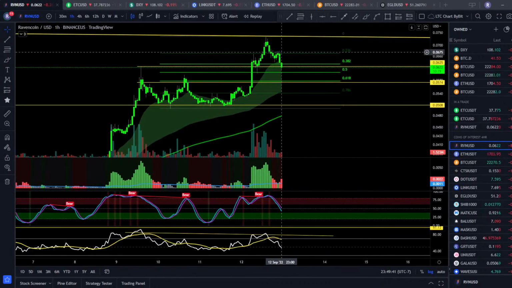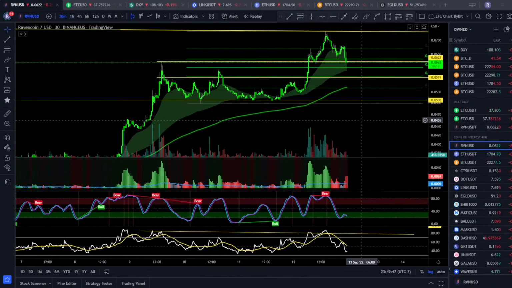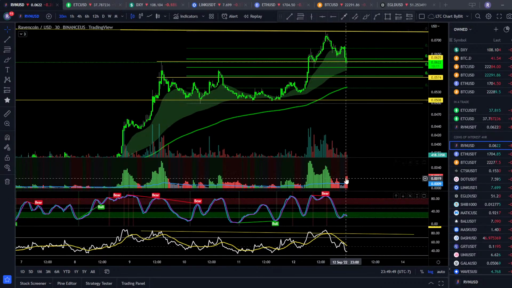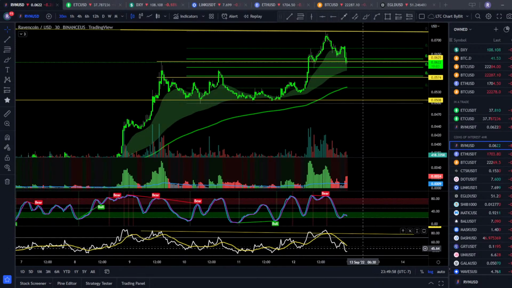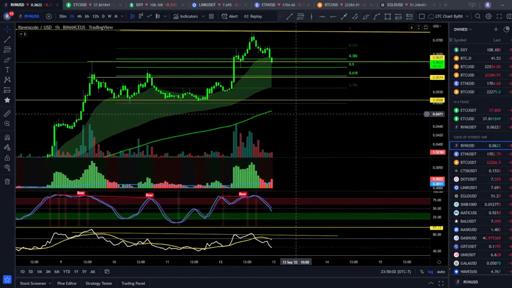It just looks like it wants to fall further. We didn't get down to the 30-minute. I don't usually look at the 30-minute unless I've got a long position open. We've got a lot of red on the braid filter. We do have a possible double bottom coming in on the 30-minute, and the RSI is pretty low. But let's go to the 1 hour.